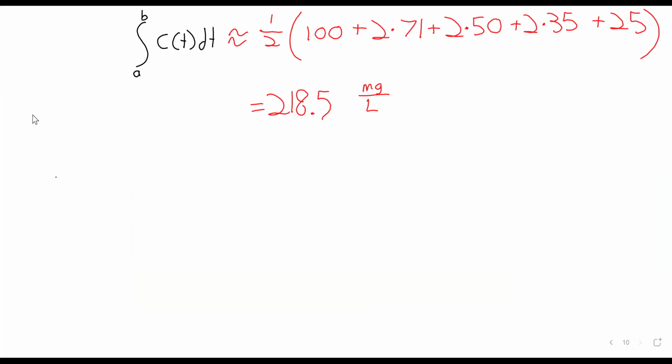This one is a time, this one is 1 hour. So milligrams per liter times hours is the concentration unit, or I should say the contact unit. And that's the trapezoidal rule.